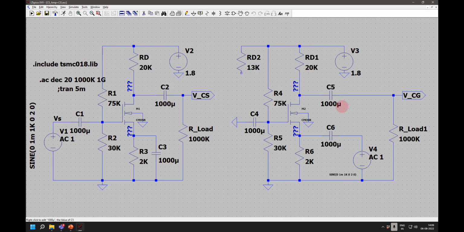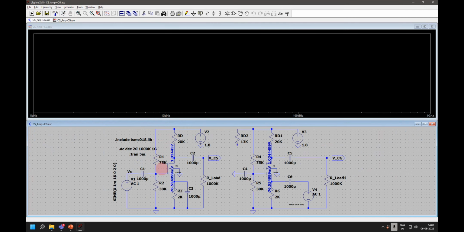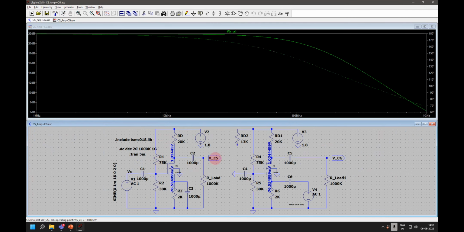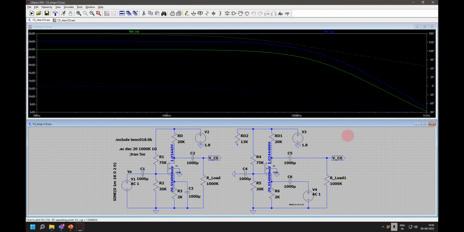Now I have made a CG amplifier, the same amplifier. I have just put a capacitor in and brought the source out here. Let me run a simulation and plot the AC signal. This is the CS amplifier. This is the CG, what you see in blue. You will find a marginally higher gain and higher bandwidth.